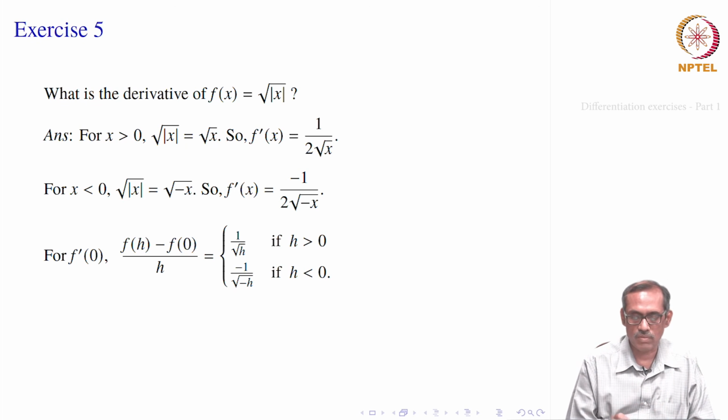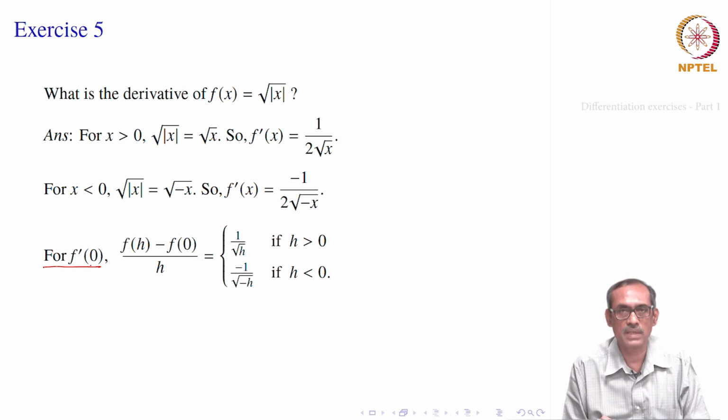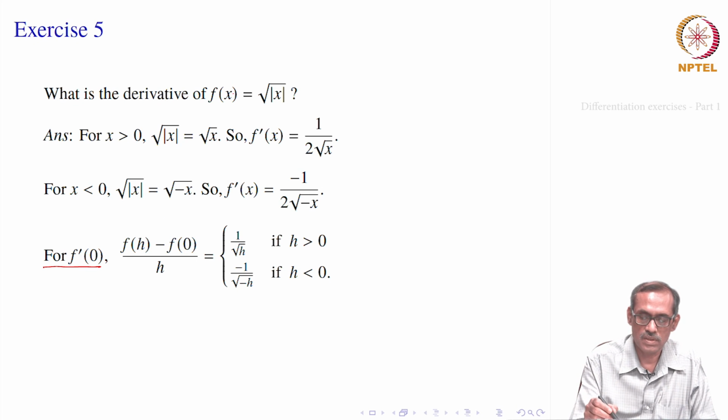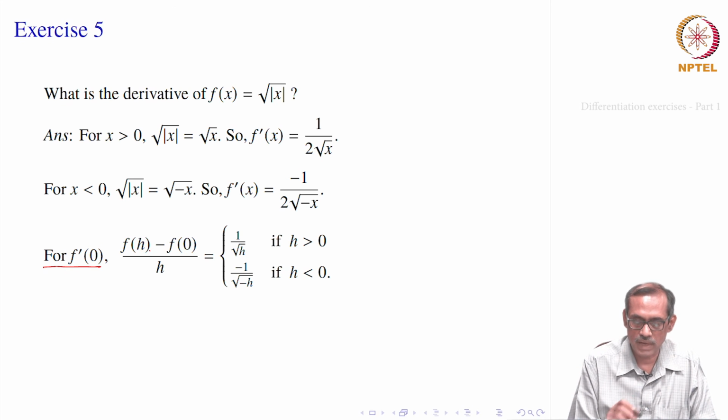Now, at x equal to 0, what happens? For f prime of 0, these formulas will not give anything, so we go back to the definition: f of 0 plus h minus f of 0, divided by h. Now what is f of h? h can be positive or negative.